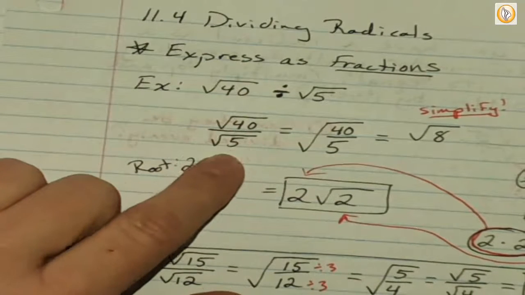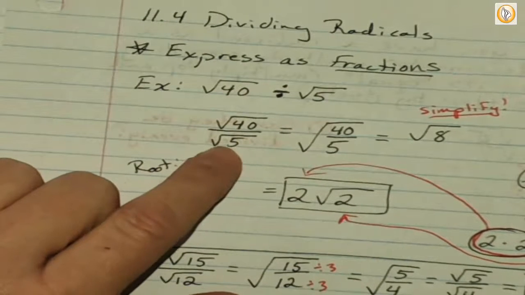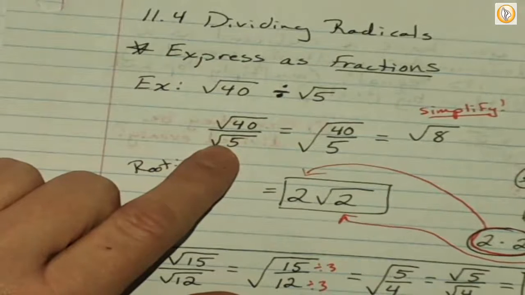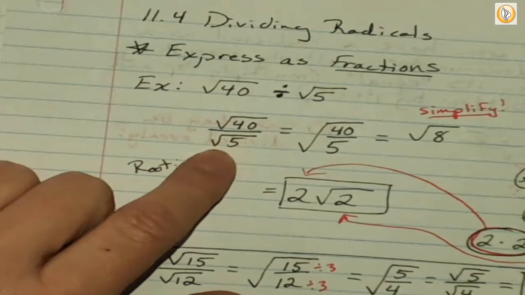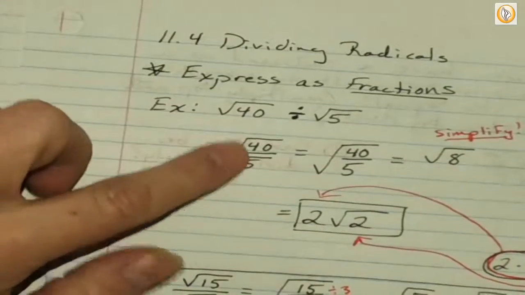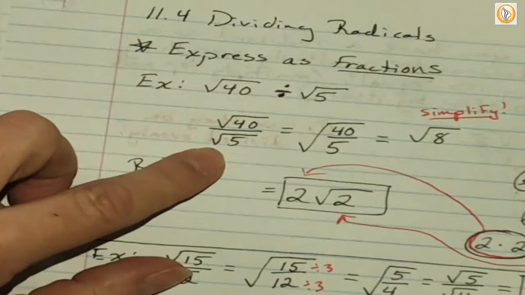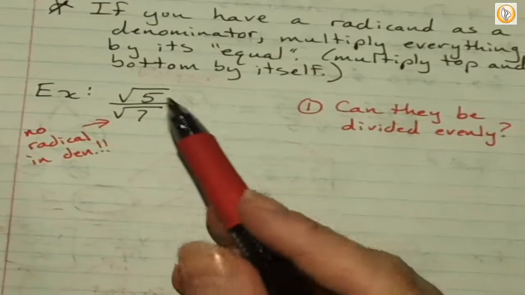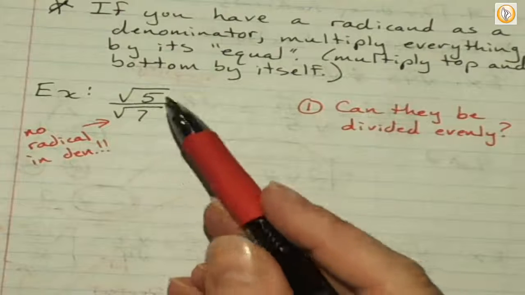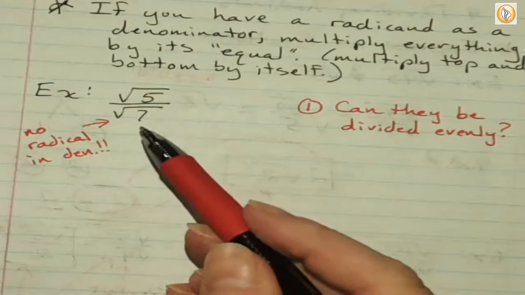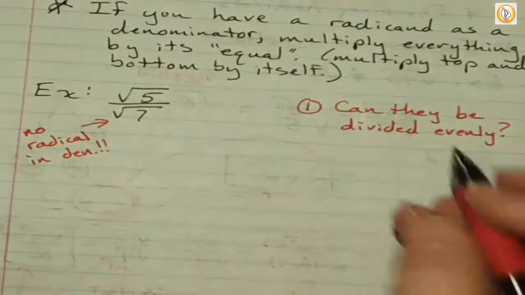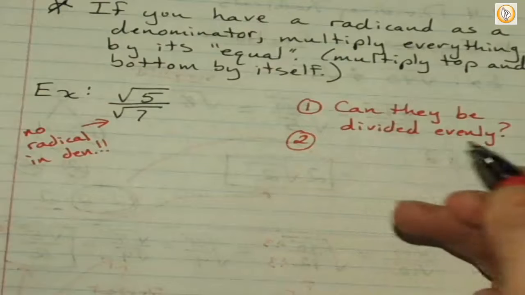So 40 over 5. We can't have a 5 in the denominator. We can't have that radical in the denominator. So step 1, can they be divided evenly? And Michaela did this one. She said yes, 40 can be divided by 5. Okay. How about this one? Can they be divided evenly? No, 5 cannot be evenly divided by 7. All right.